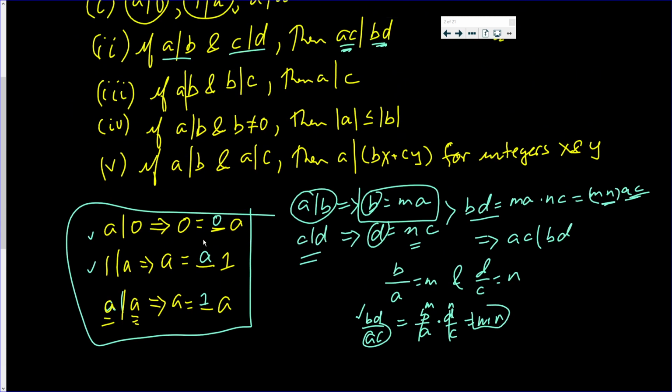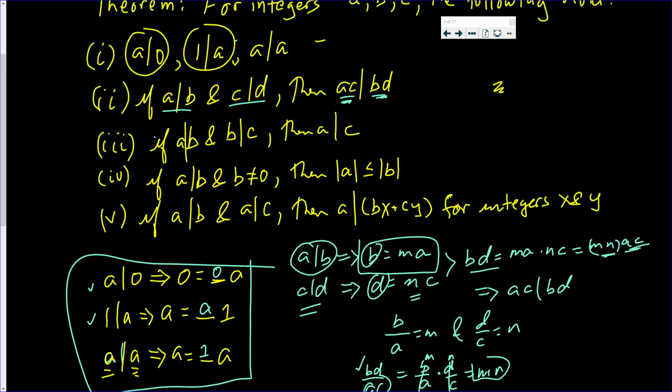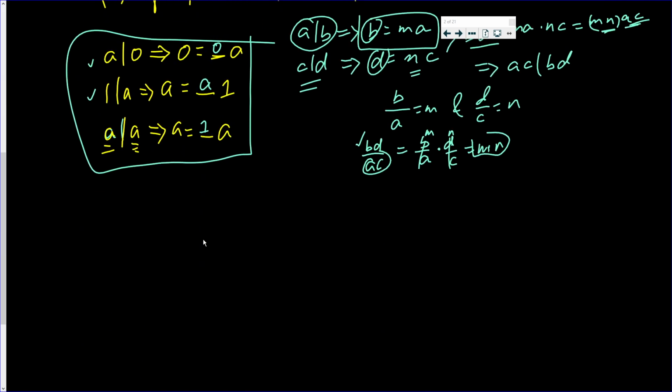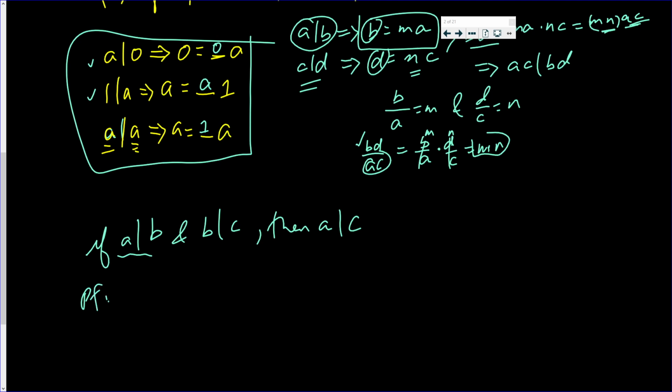Now, the next one, I guess you would call a transitive law. It says if a divides b and b in turn divides c, then a divides c. Proof. a divides b implies that b is an integer multiple of a.